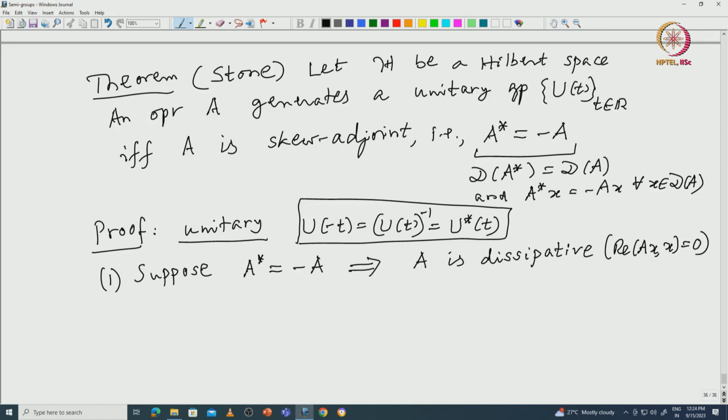And again it is the property of skew-adjoint operators. Now, if we put B equal to iA, where i is the square root of minus 1, that implies B is self-adjoint, just by multiplying by this i.